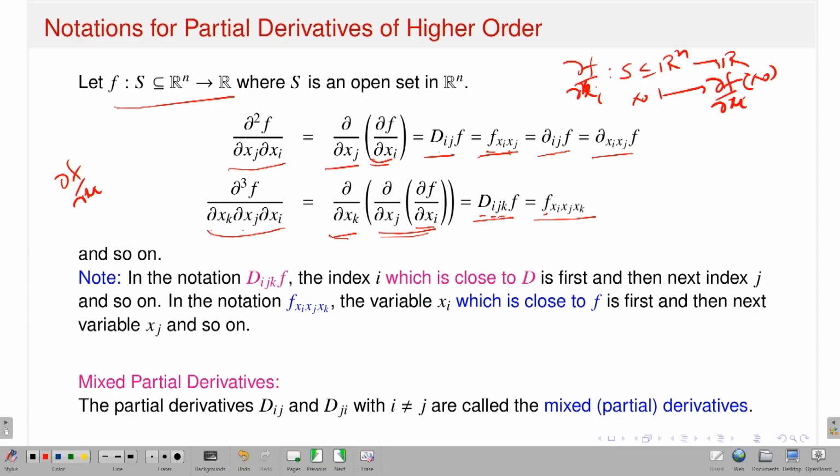And finally, you perform the partial derivative with respect to the xk variable of the function ∂²f/∂xj∂xi. The corresponding notation is f with suffix xi xj xk: first you perform it with respect to xi of f, then with respect to xj of ∂f/∂xi, and finally with respect to xk of ∂²f/∂xi∂xj. That is how the notation works for 2 and 3, and it continues like that.